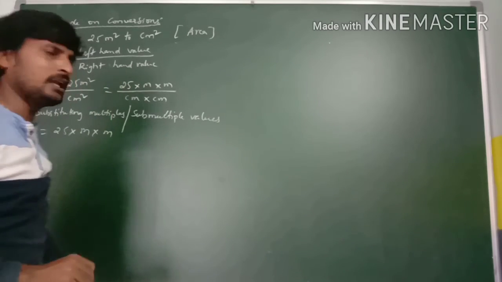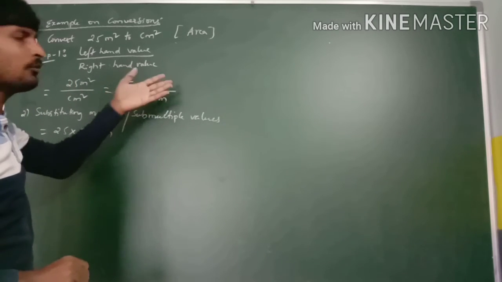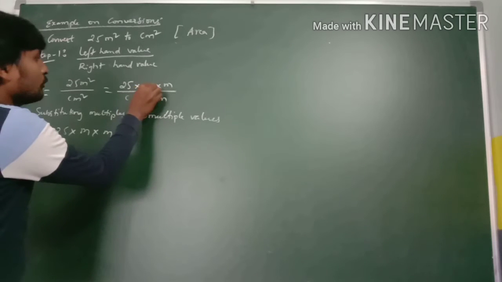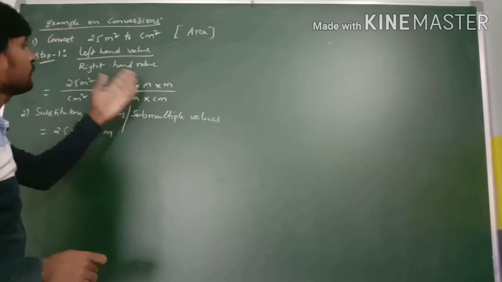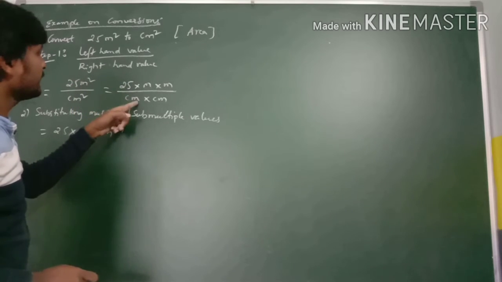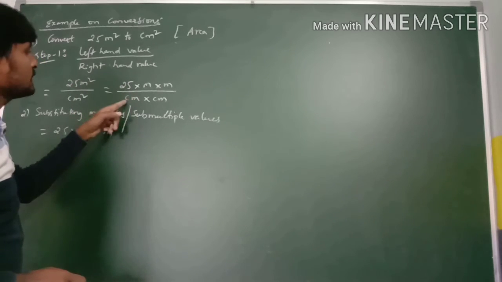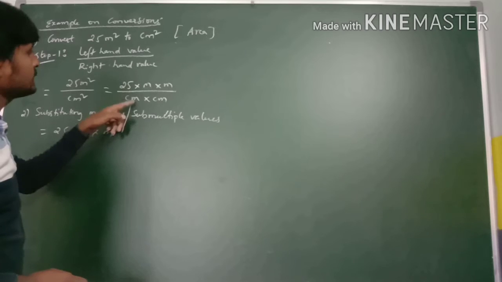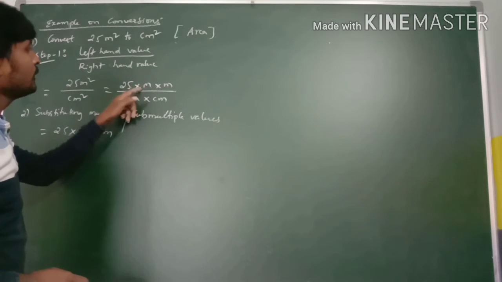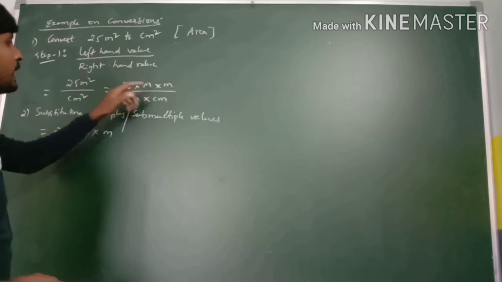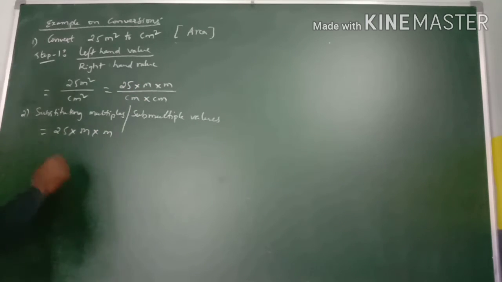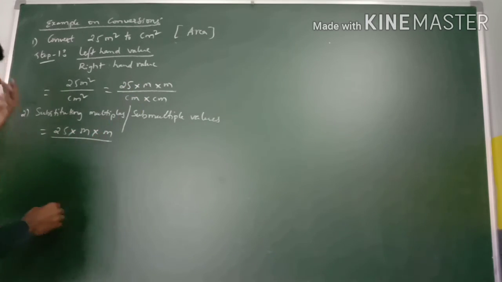Why are we writing the meter? Why are we not converting the meter into other forms? Because here meter only is there. There is no multiple or submultiple in front of the meter. Here a submultiple is there, centi. There is no multiple or submultiple in front of the meter, that's why meter is the basic. That's why we are writing that meter as it is, by centimeter into centimeter.